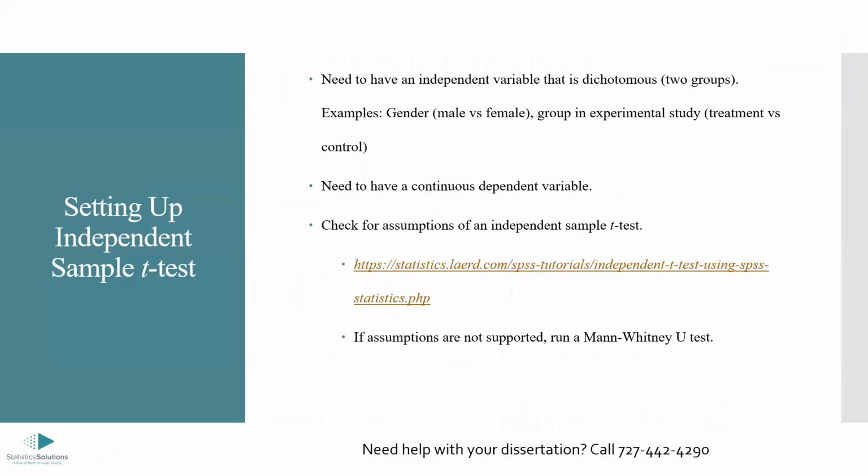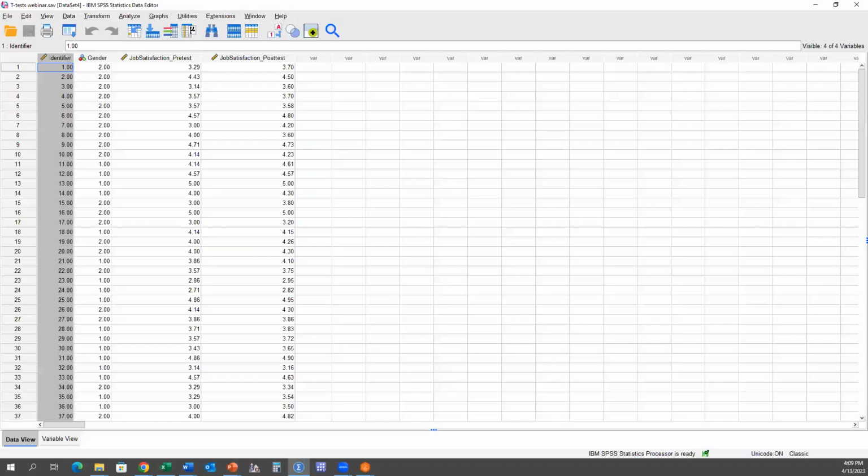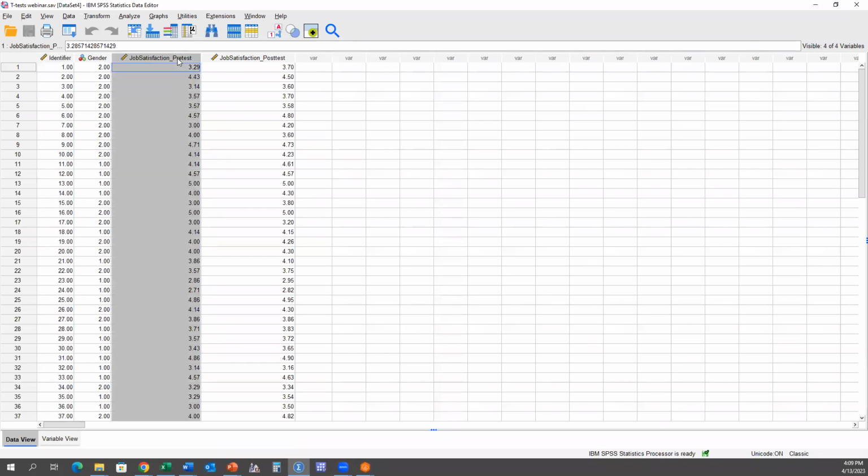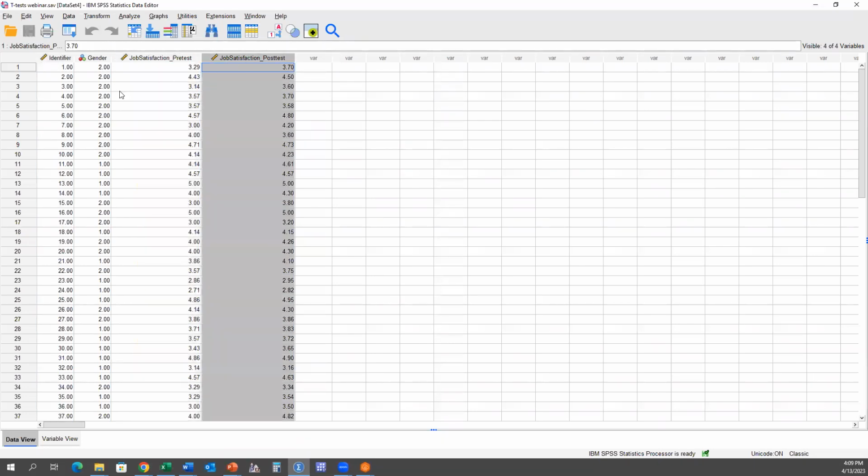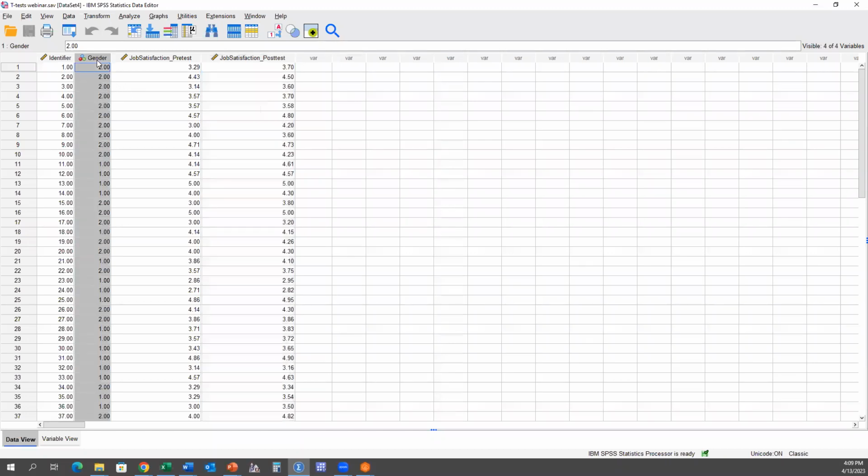So let's take a look at some sample data here. Very simple spreadsheet. This is in SPSS. And we have job satisfaction scores calculated before an intervention and after an intervention. So a Likert scale survey was administered. I believe it was 10 questions each, and then a composite score was generated for pre-test and post-test. And then we also have gender in here.